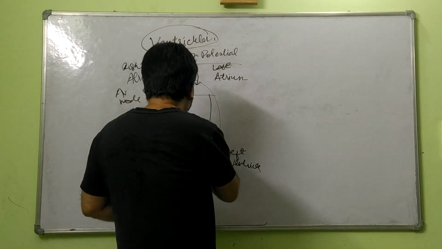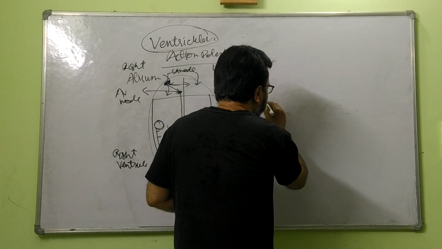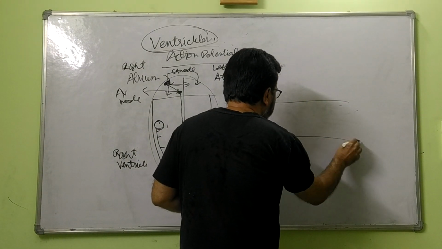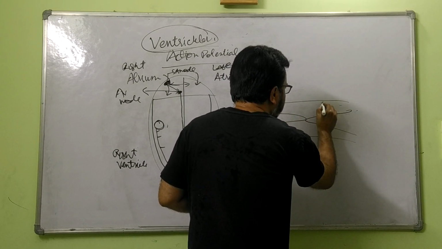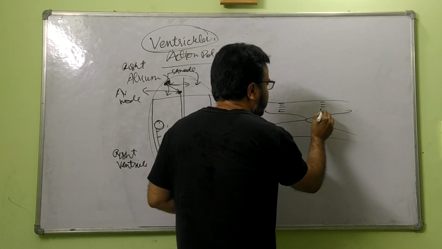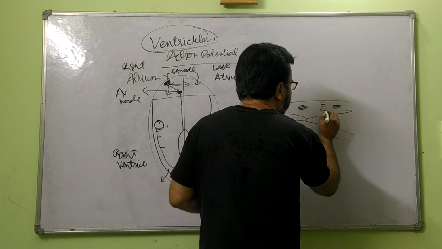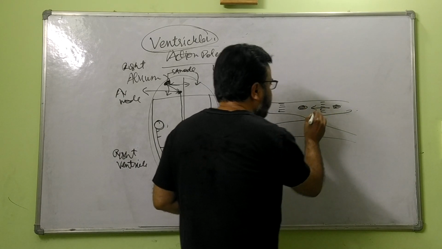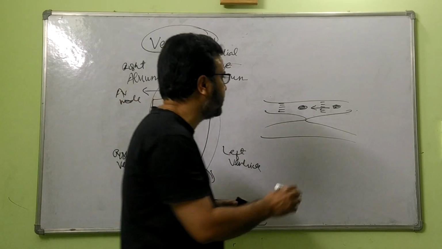So these isolated cardiomyocytes will look like this. In between the cells there will be intercalated discs separating the cells. From one cell the action potential will travel to the next cell through these intercalated discs.